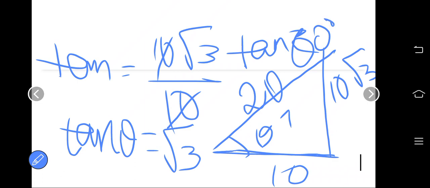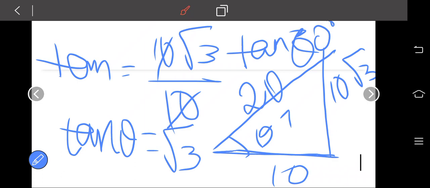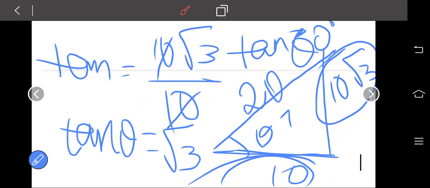So here you may get a doubt: why are we only using tan? It's because they gave you the values of opposite and adjacent. You can use anything, but we use tan because they gave you opposite and adjacent. What is the formula of tan? Sine by cos, or opposite to theta by adjacent to theta.